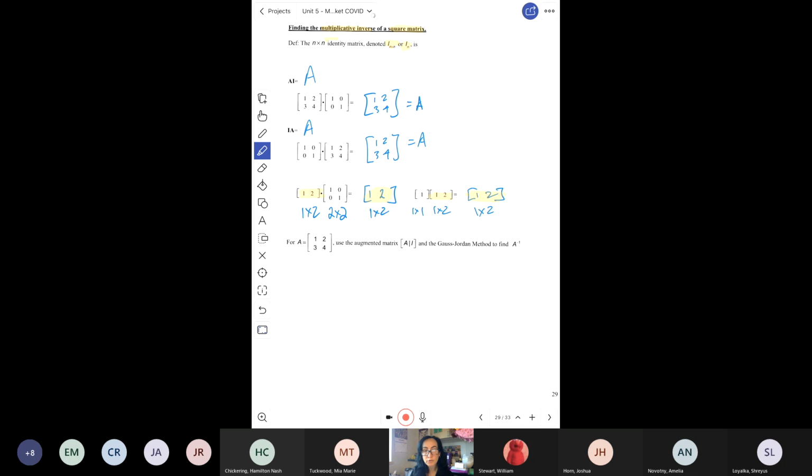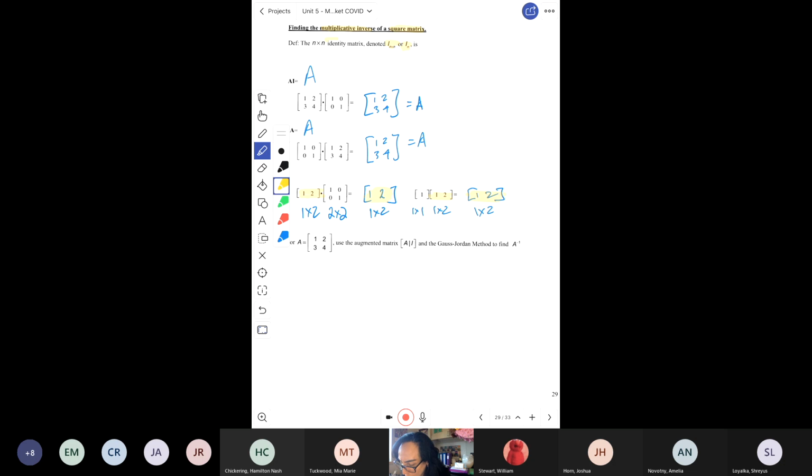For a 3 by 3 or larger ordered matrix, you could put it in the calculator, but you can also calculate it by hand. You better believe you're going to need to know how to do this. How do you compute the inverse of any square matrix, if the determinant's not 0?